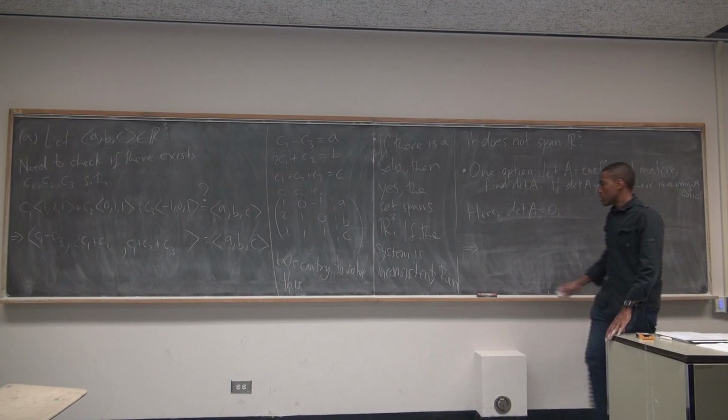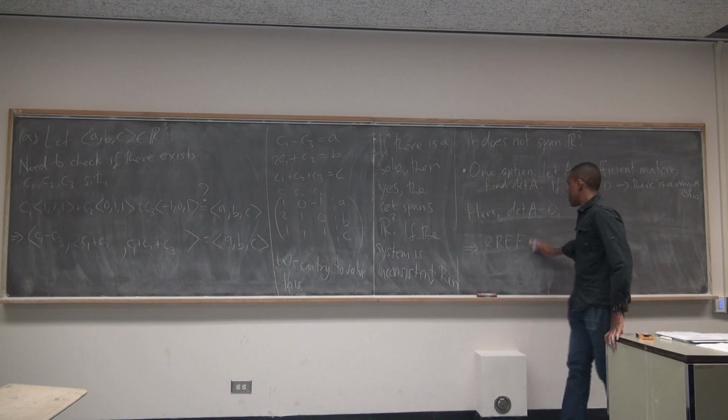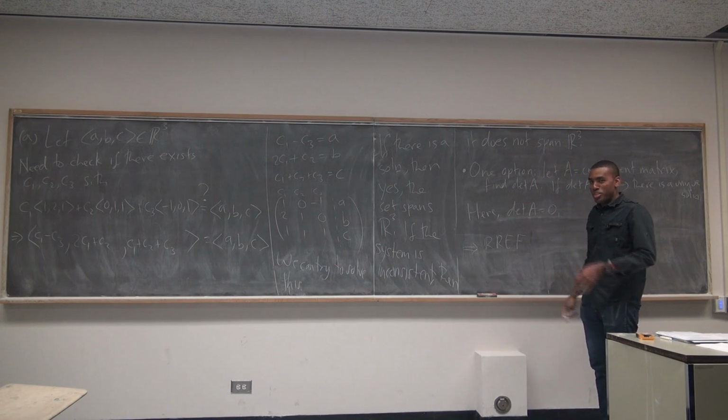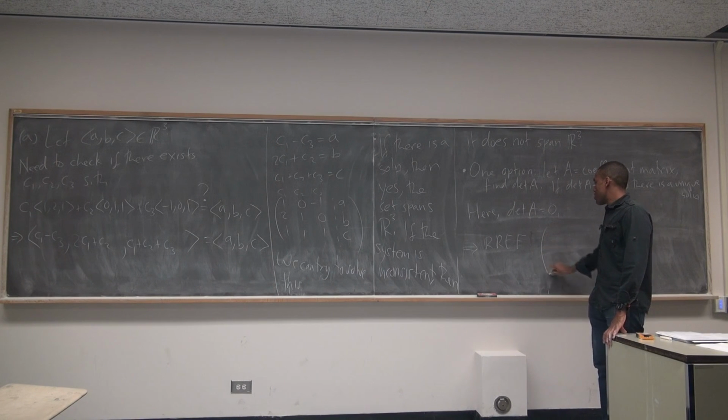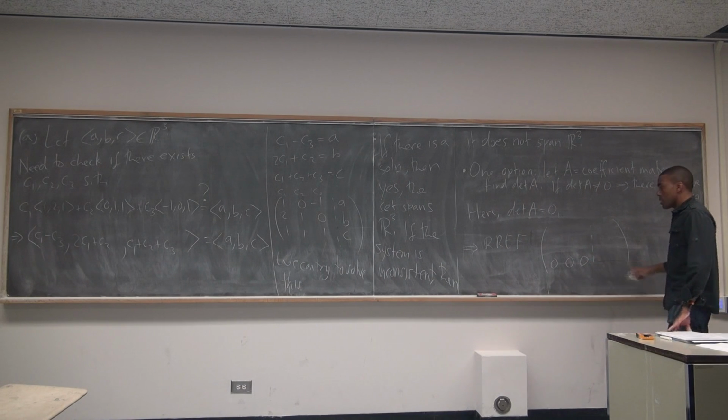We have a row of zeros somewhere, right? So that means reduced row echelon form. We're using concepts to get out of work. We want to be lazy, right? Reduced row echelon form is going to be something like this. There's going to be a row of zeros here. And what's going to be over here? Well, I'm not sure. It's going to be some function of A, B, and C, right?